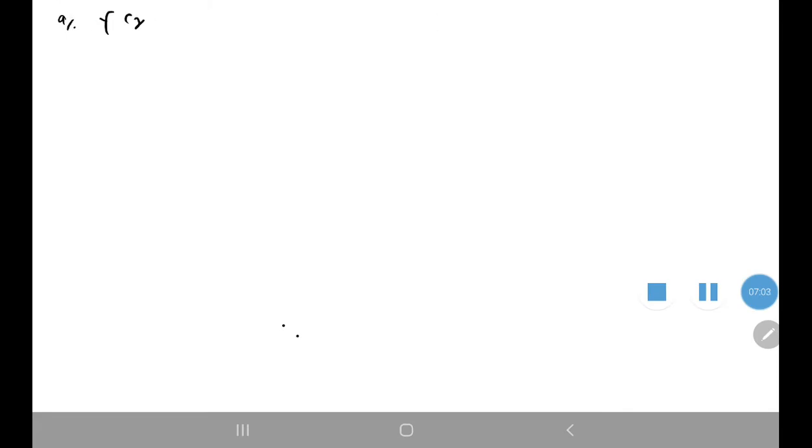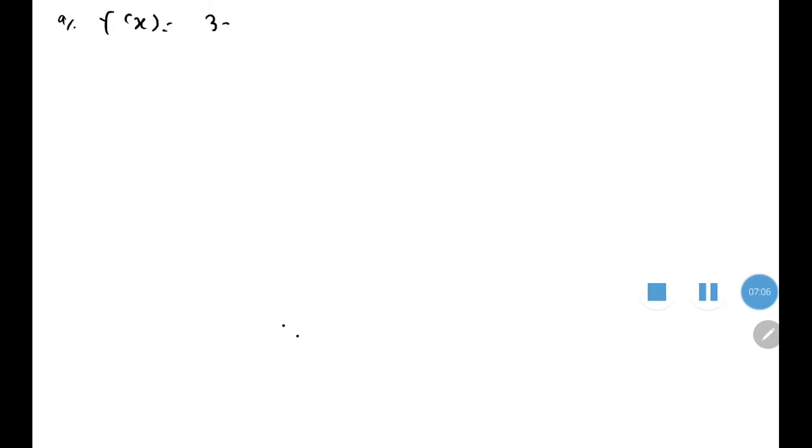So now example 10a. Okay, now we are using the first derivative test.